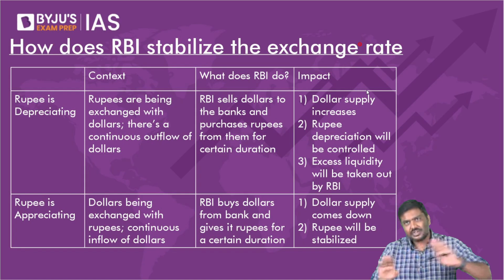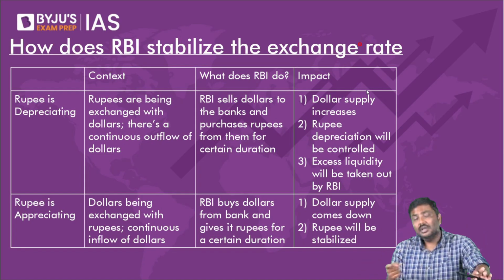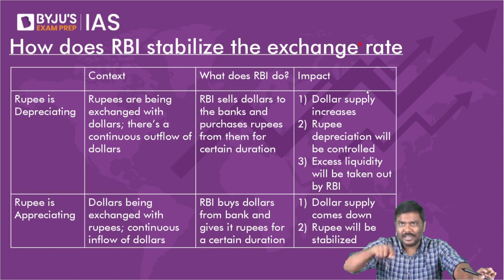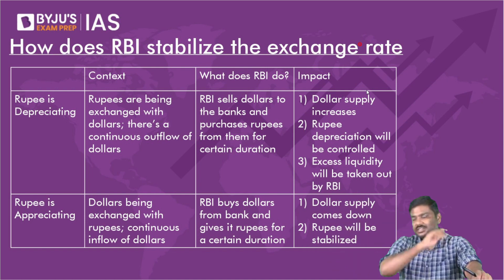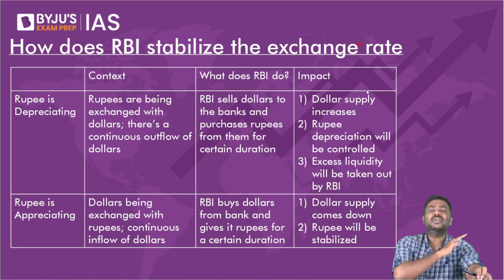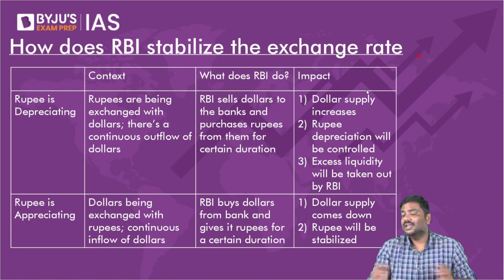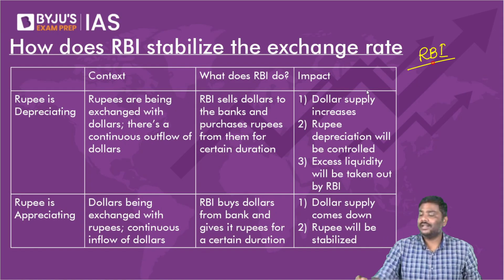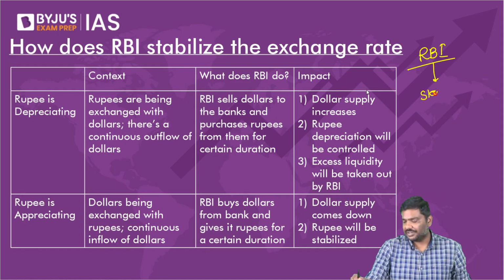Listen carefully now. Most of the time, we allow market forces, that is supply and demand for the currencies, to determine the exchange rate. But if there is a sudden appreciation or depreciation of the domestic currency, the Reserve Bank of India will intervene in the market and stabilize the exchange rate.